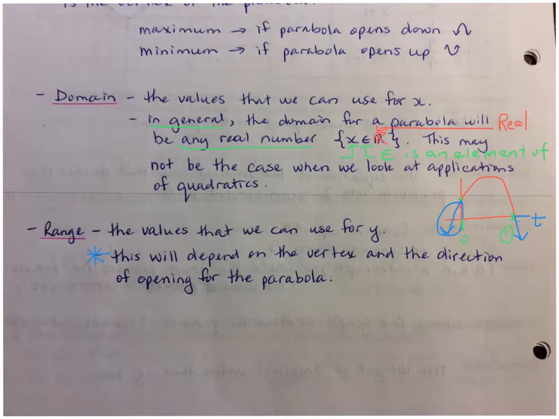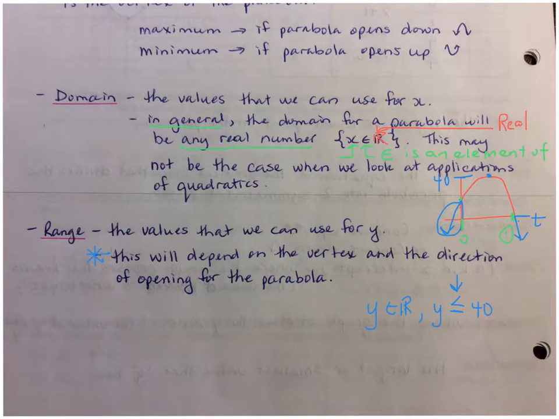So in my above example, if the highest y value ended up being 40 meters above the ground, then my y value is any real number, except that y would have to be less than or equal to 40 for the rocket. It was opening down, so my y's all get smaller than or equal to 40.